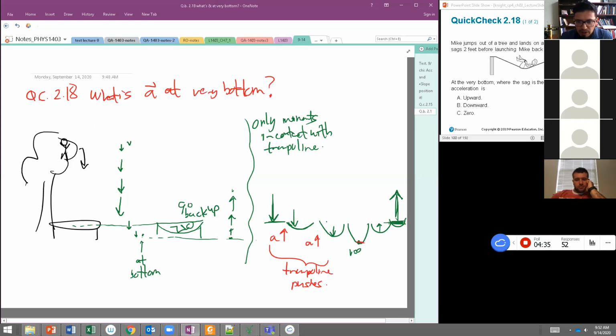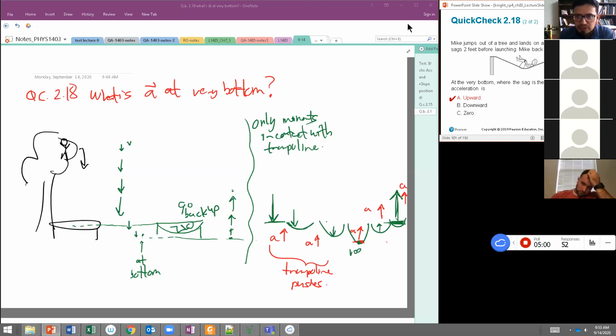When we get to the very bottom, that trampoline is still pushing on you. It's still pushing you upward, and later it's going to keep pushing you up till you depart from the surface of the trampoline. So in this picture I just drew, all of our acceleration vectors are pointing upward.